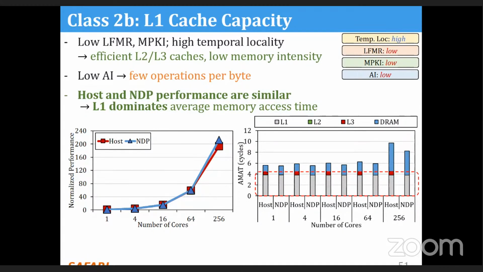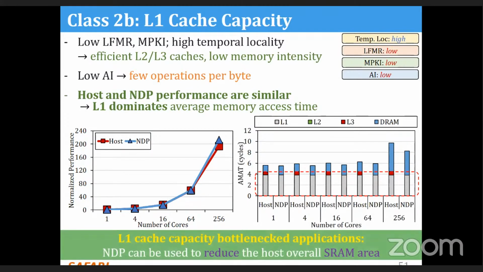In the host execution, you get the benefit from having L2 and L3. On the NDP side, you get the benefit from being closer to memory, and this makes the performance more or less the same for any configuration.